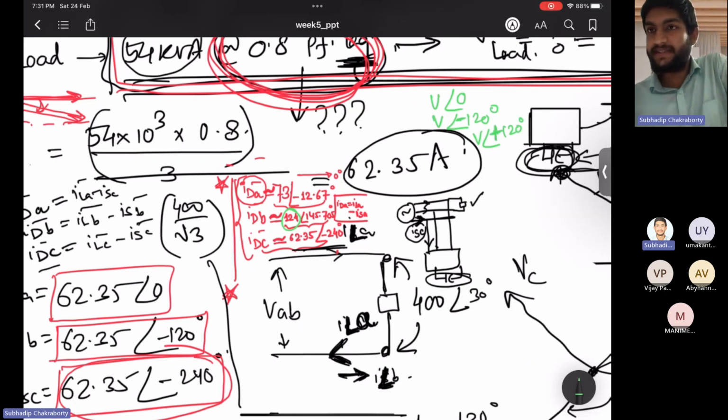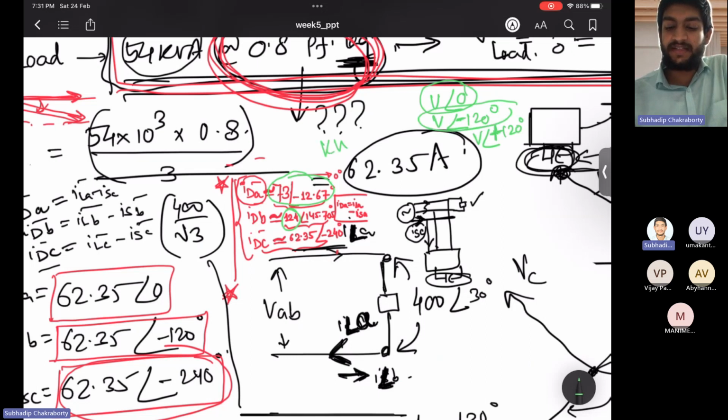Phase voltages are like this. So one phase voltage into this current. That is the kilowatt rating I am telling. If someone asks you kilowatt, then multiply this voltage mod into this current, cos of the angle between these two.